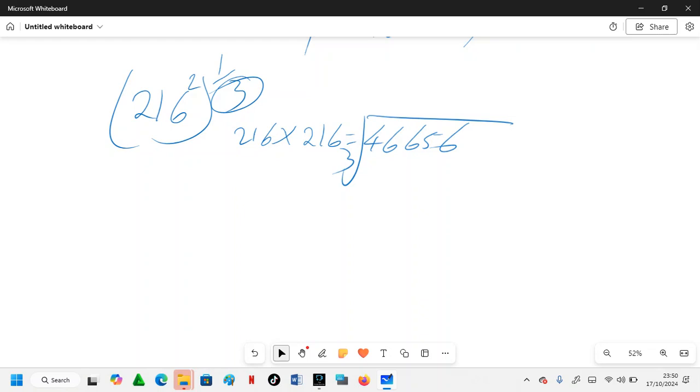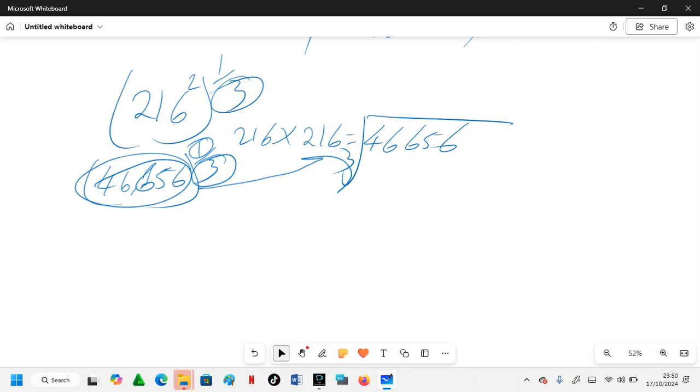Remember, power a third means the cube root. 216 squared is going to be 46,656 to the power a third. And as we said, power a third means the cube root of this to the power of 1. We do not have to write the power of 1 because the power of 1 means 1.